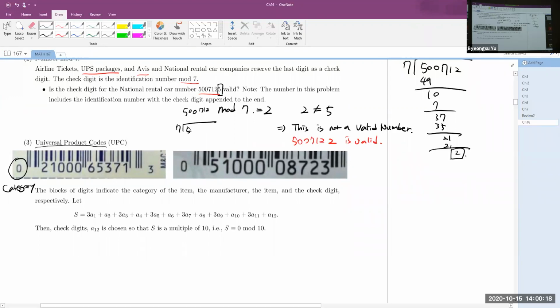This 5-digit part tells you who the manufacturer is, and the other 5-digit part denotes the item itself. And the last digit 3 is the check digit.